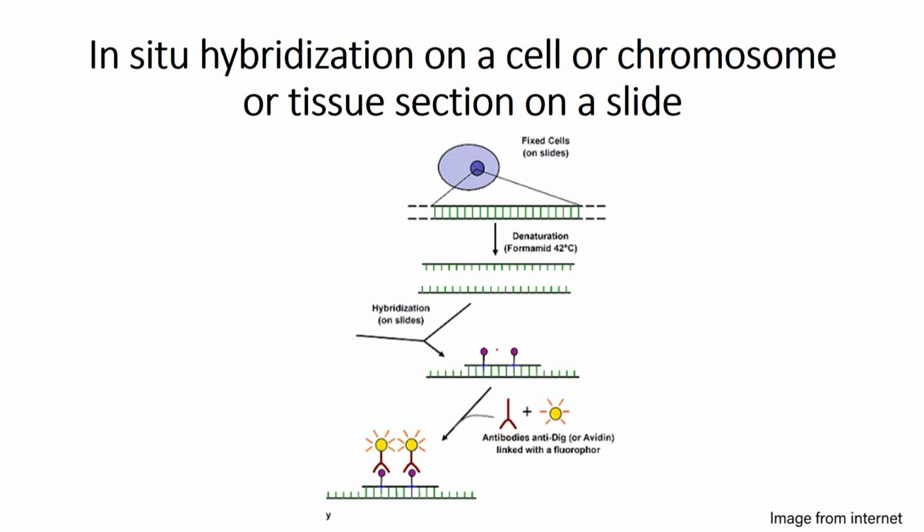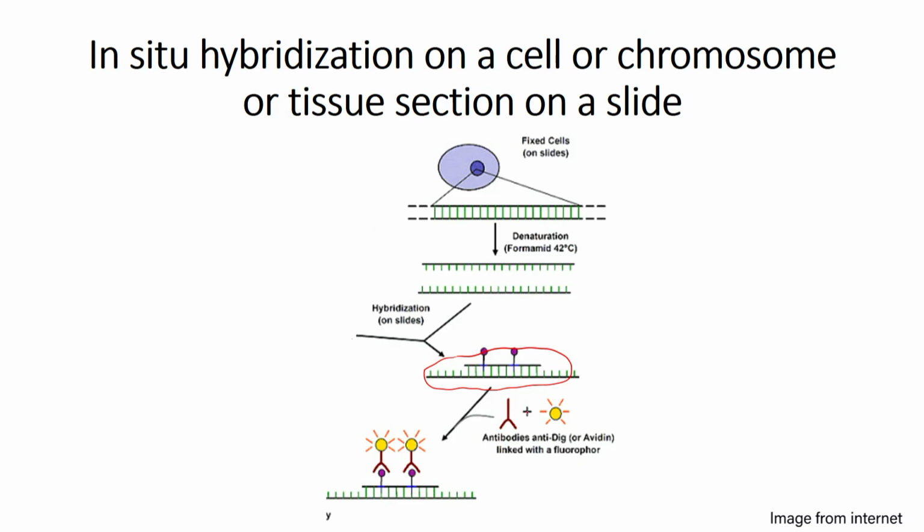Now, the probe is allowed to hybridize. So, this is the probe, this is hybridizing with this. Wherever it hybridizes, this will stay. If it stays, now this DNA is labeled.